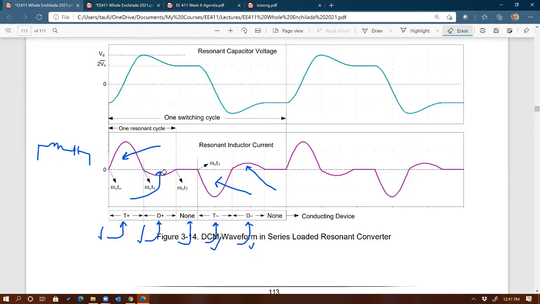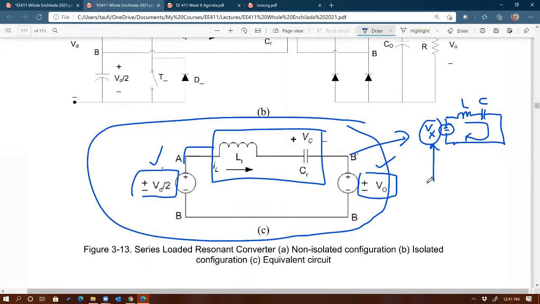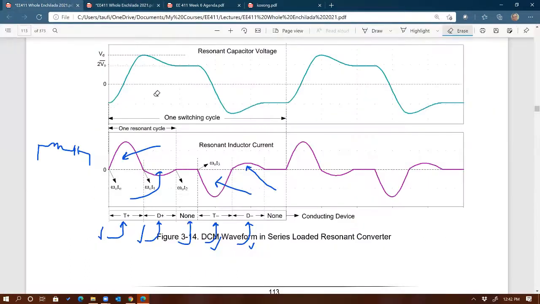So the magnitude of the VX, the one that I tried to draw earlier, the magnitude of this right here, for this one, for that one, and for this one is the same, except one is plus, the other one is minus, right?